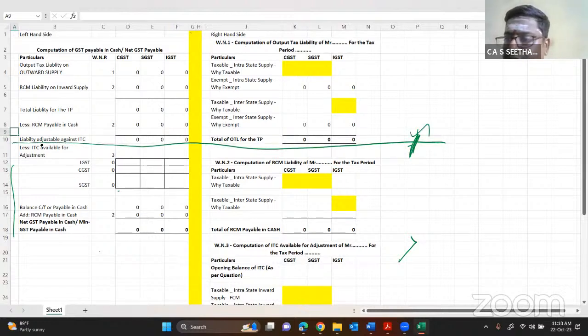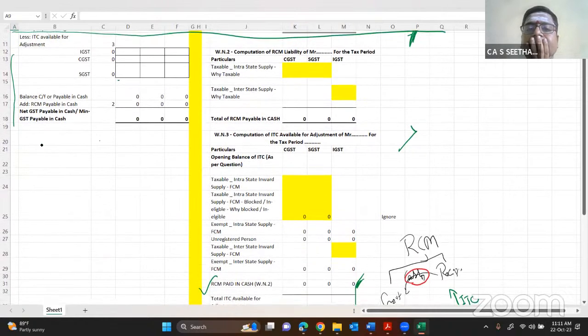I'll scroll it down. Here we go, my dear.